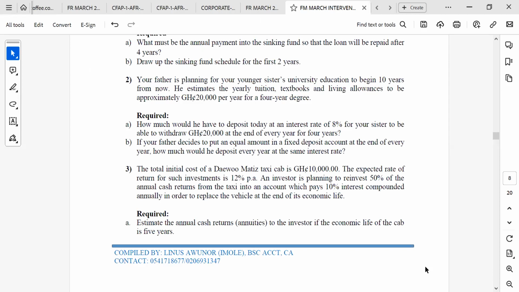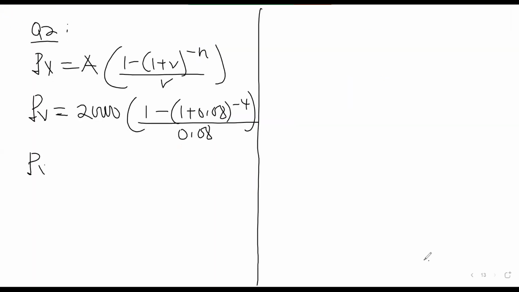Okay. How much are you getting? How much is your father depositing now? What is the annuity factor? I have the table here.